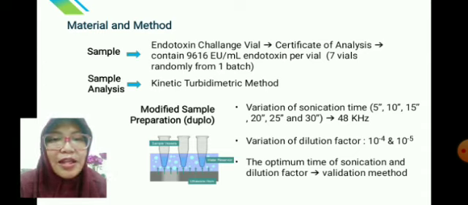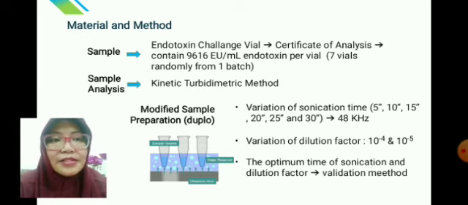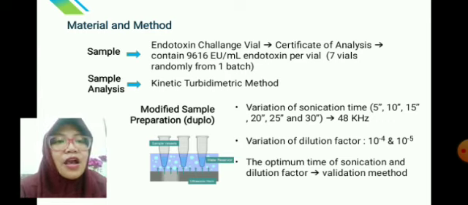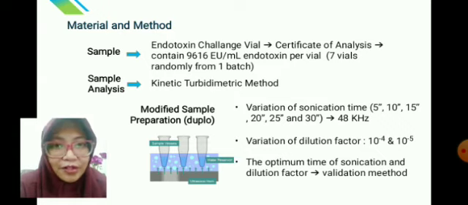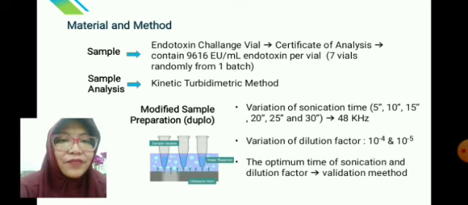For the sample analysis, we use the kinetic turbidimetric method, with modified sample preparation in duplo. In this variation we use sonication times of 5, 10, 15, 20, 25 and 30 minutes at 48 kHz. For the variation of dilution factor we use 10 power minus 4 and 10 power minus 5.